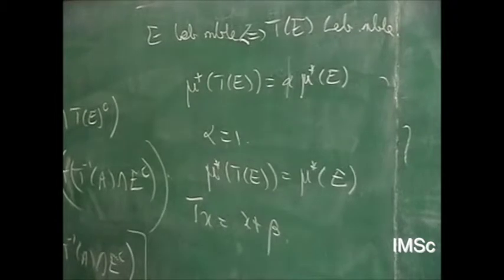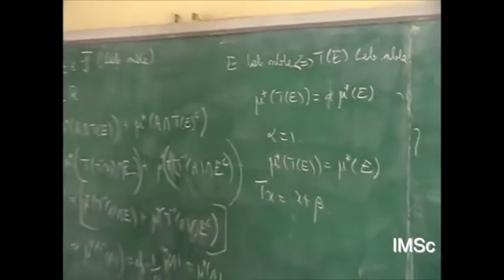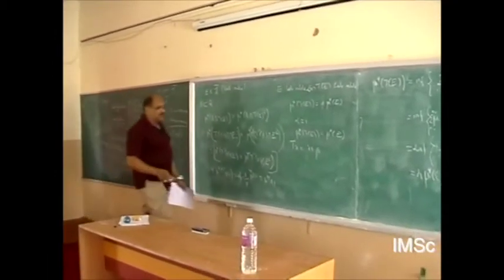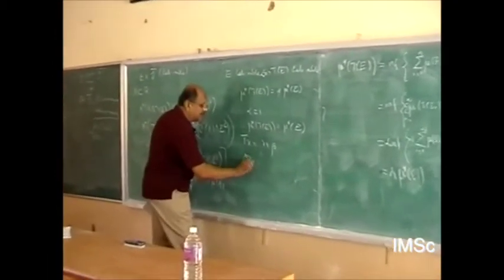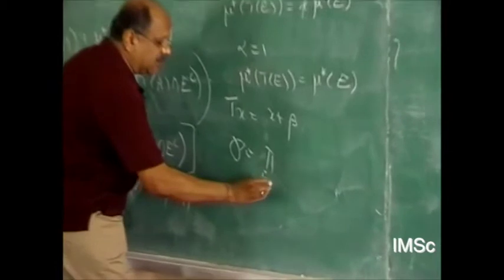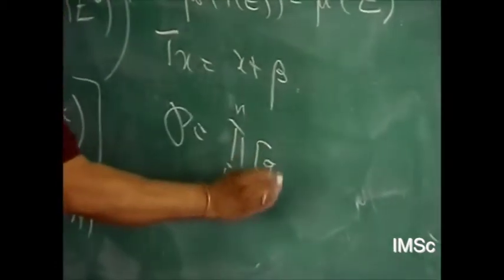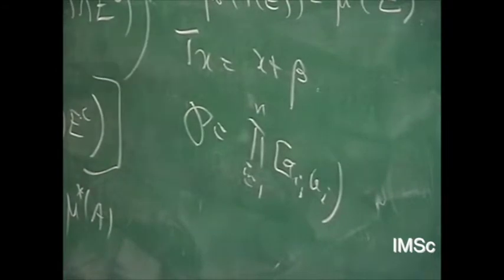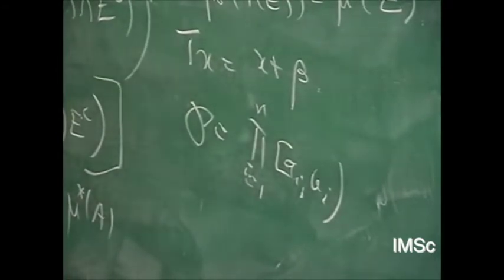Now all this will go through in Rn. How do you define the Lebesgue measure in Rn? You go through the same process. Now your P will be the product, i equals 1 to n, of the intervals Ai Bi. Boxes. Now you go through mu star.